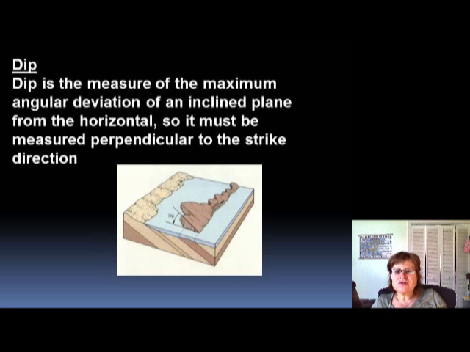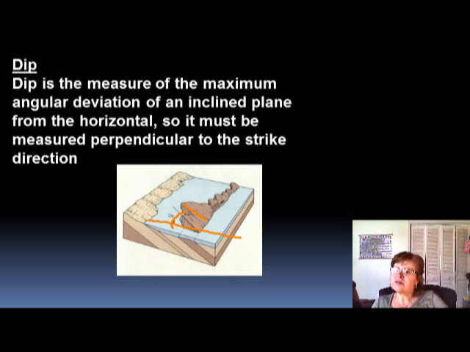A dip is the measure of the maximum angular deviation of an inclined plane from the horizontal. So basically here is our inclined plane, and the angle is going to be measured between the inclined plane and the horizontal plane.